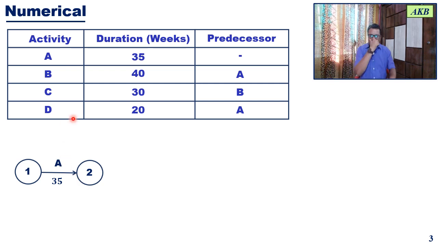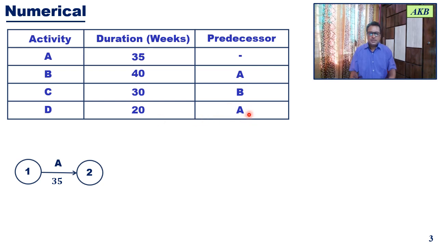Then if you go back to the table, once A is completed, which other activity or activities you can start will be clear from this table. You see, when A is completed, you can start B, because the predecessor activity to activity B is activity A, and at the same time you can start activity D, which also has A as the predecessor activity.